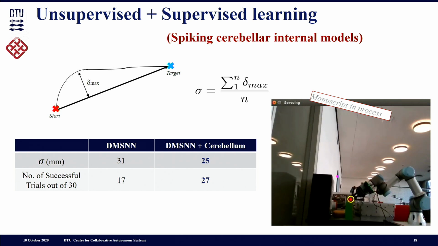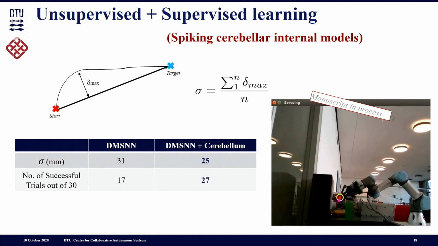In this other work, we combined unsupervised learning with supervised learning. So we took the same coarse controller we had previously for performing motor bubbling, and on top of that, we put the cerebellar models, or cerebellar controllers, in order to increase the performance during the servoing task.